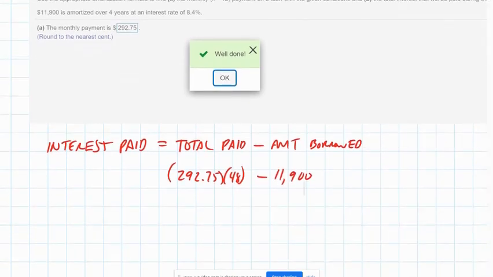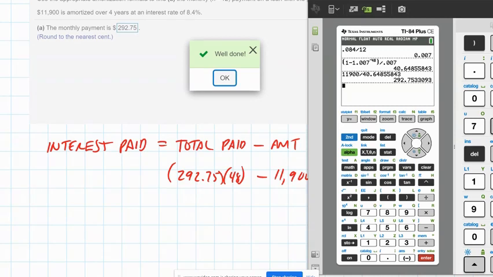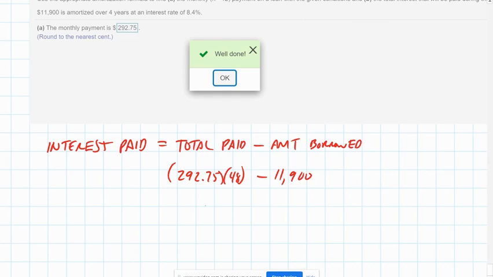So during the 4 years, we take 292.75 and we multiply by 48 payments, and we have made a total payment of $14,052.